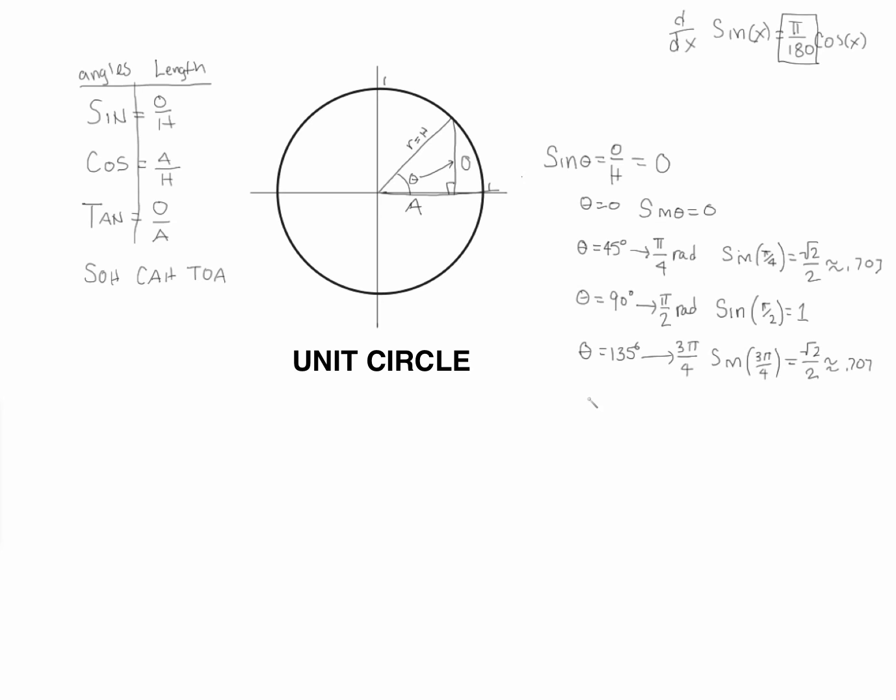Okay, and theta of 180 degrees equals pi radians, and the sine of pi.